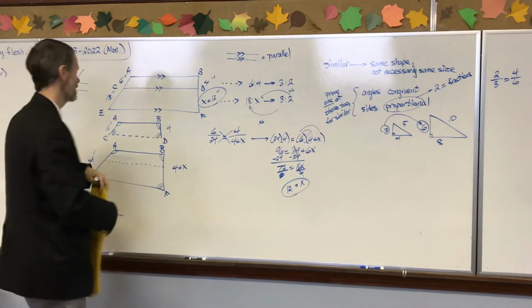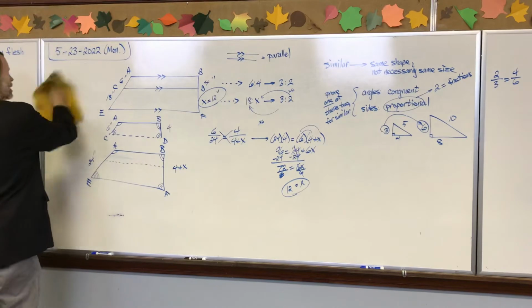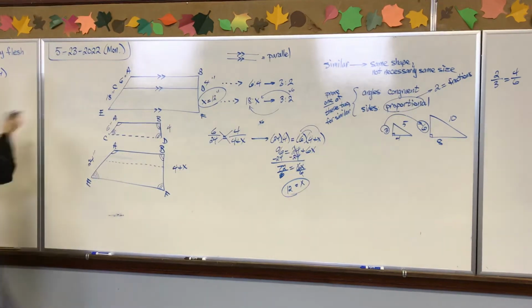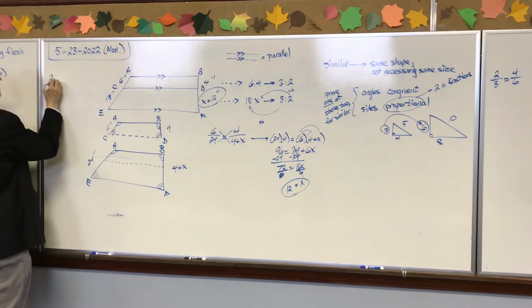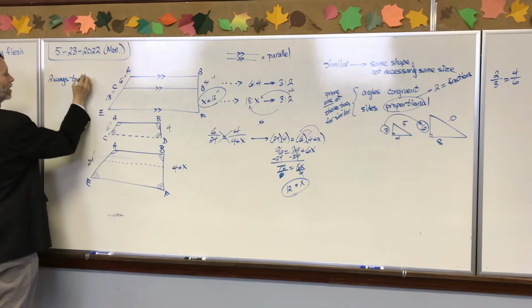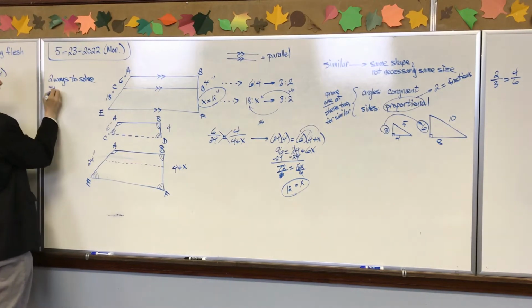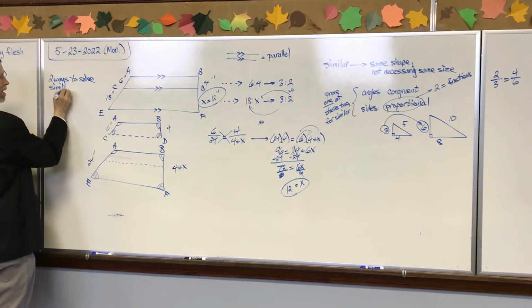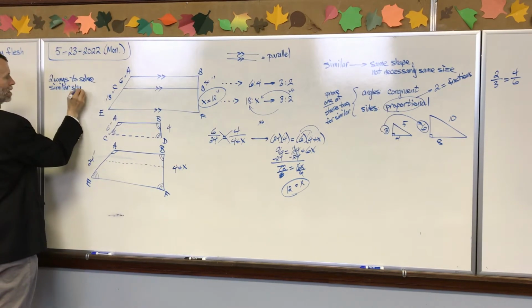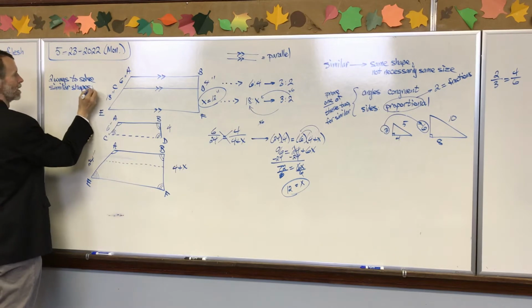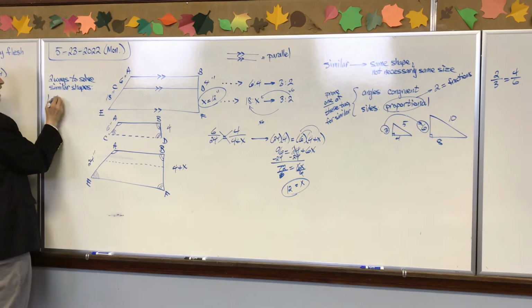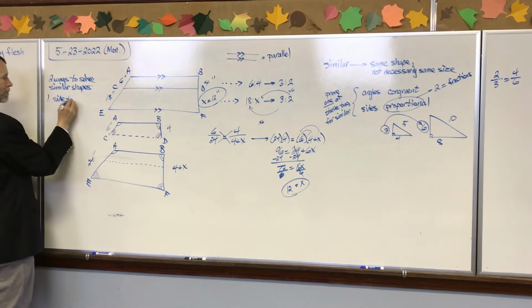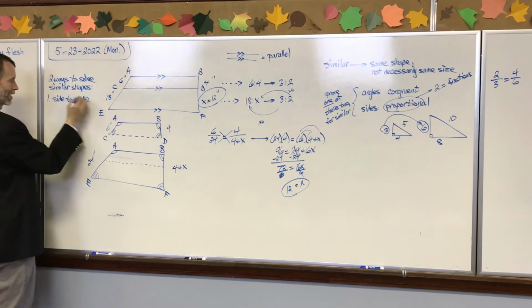There are two ways to solve problems like this. Let me write this down. There are two ways to solve similar shapes. The first is called side to side. I'll explain what that is in a second.